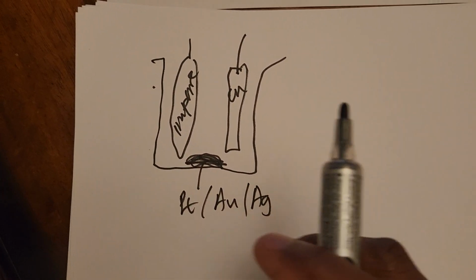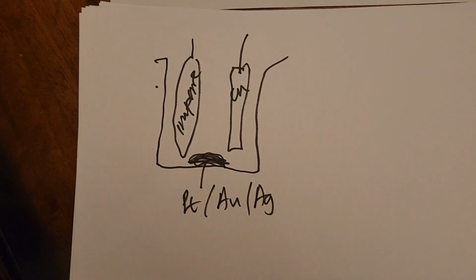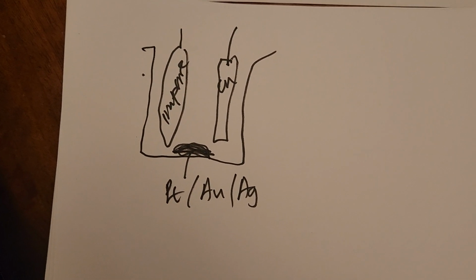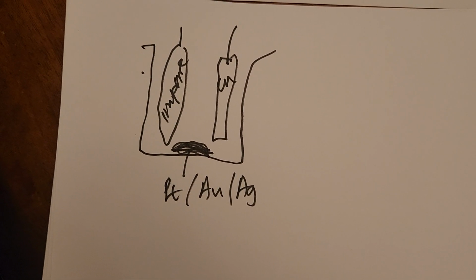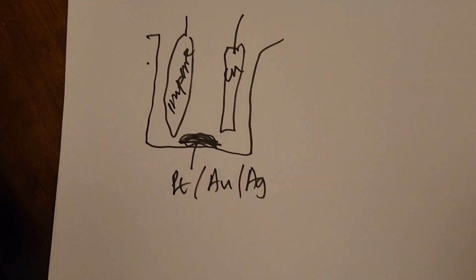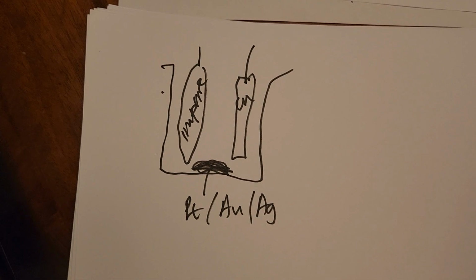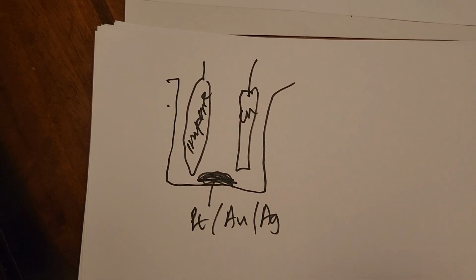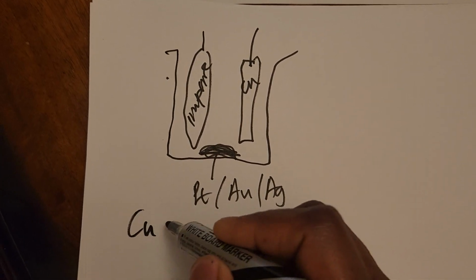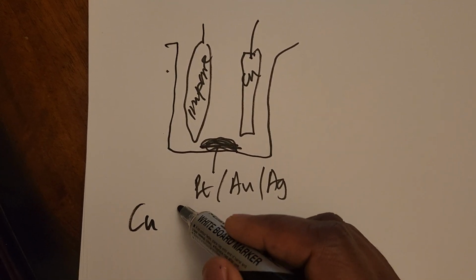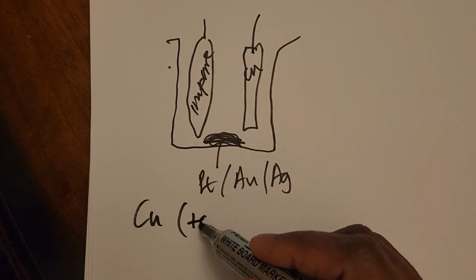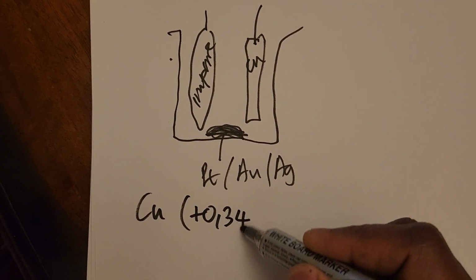Now the question in the exam can say why these metals are not oxidized in this reaction. What I'm going to tell the examiner is, if we look at copper, it has a reduction potential of positive 0.34.